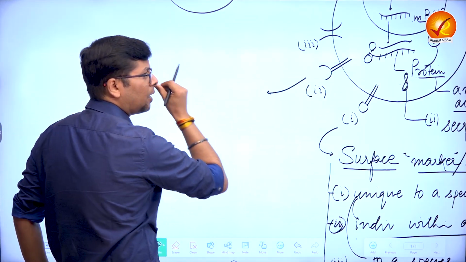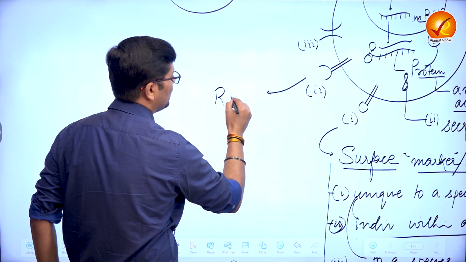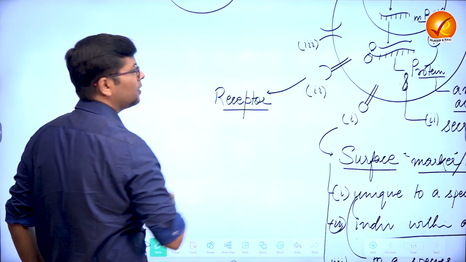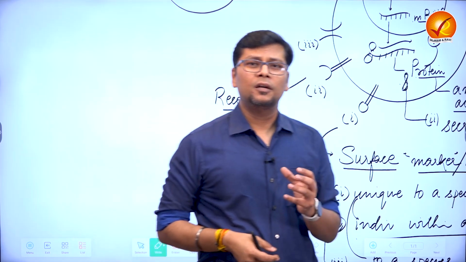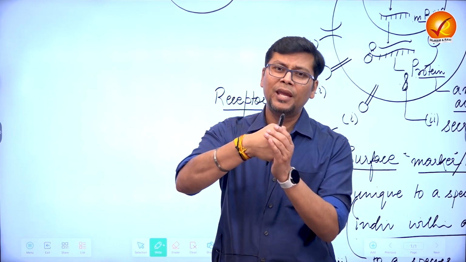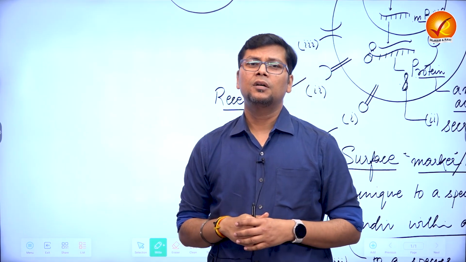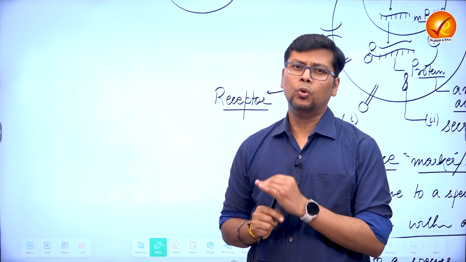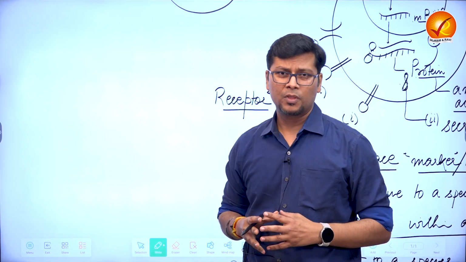You can see by the shape itself, it is easy to identify this as a receptor protein because it is shaped in such a manner that it has a pocket onto which something can come and bind if it has got the right structure, just as the right key fits into the right lock hole. This is called the receptor protein.